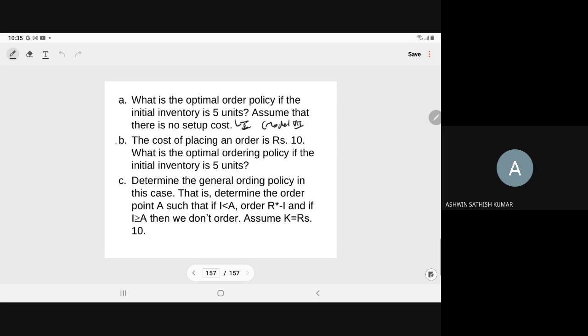So here the cost of placing an order is rupees 10. That is your K. So what will be the optimum ordering policy if the initial inventory is 5 units?